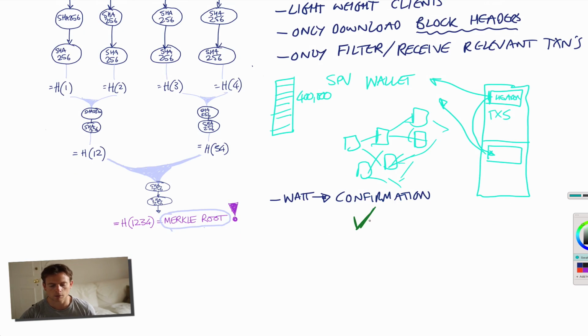So validated means it has appeared in a block, that it's been mined into a block in the blockchain. At that point, they know that the transaction has been validated by all the Bitcoin nodes, and it's been mined into a block that has been validated by a Bitcoin miner, and that block has been accepted.